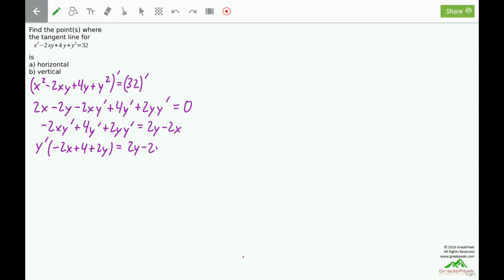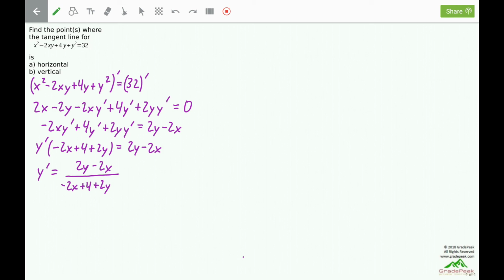And now I can solve for y prime by dividing both sides by what's inside the parentheses on the left side. And y prime will be 2y minus 2x over negative 2x plus 4 plus 2y.